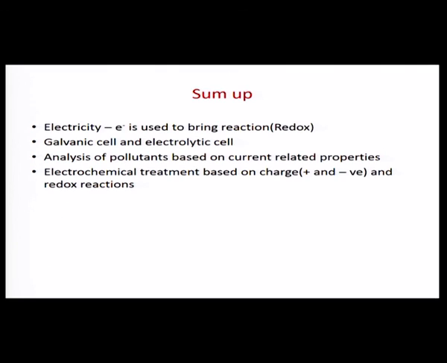And again, the electrochemical treatment methods are very important, and any pollutants, if they have charge, positive or negative, and are capable of undergoing redox reaction, then electrochemical treatment is the method of choice, in which electron is a clean reagent to drive this reaction.